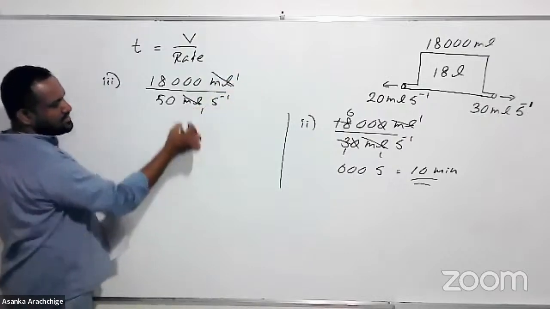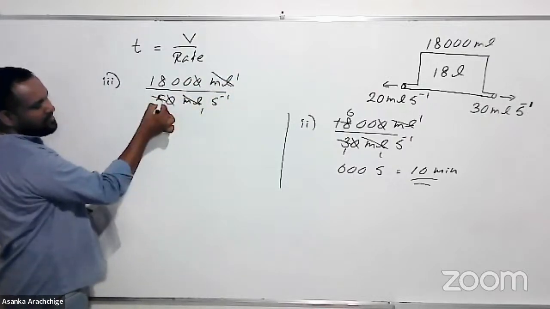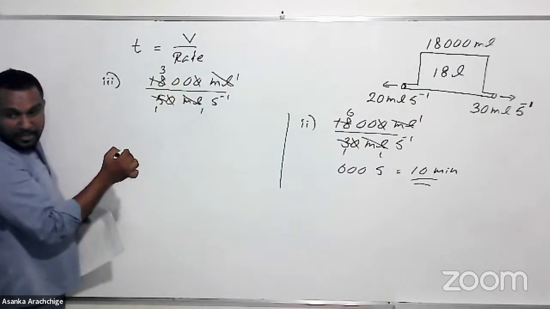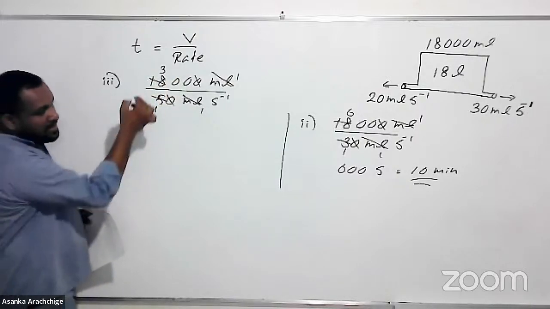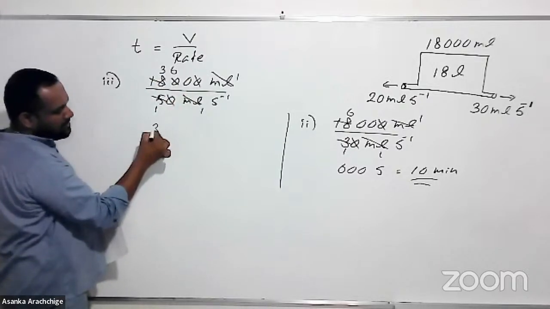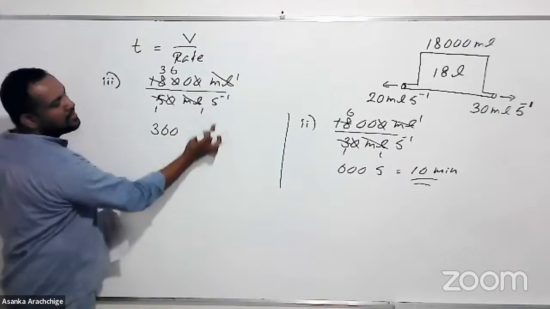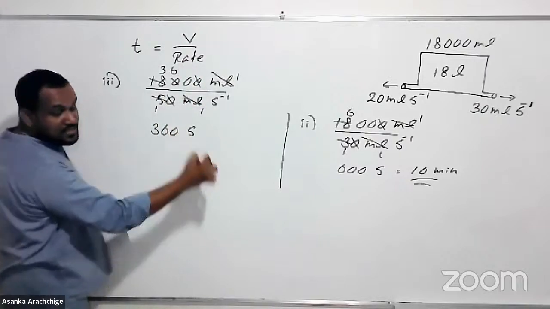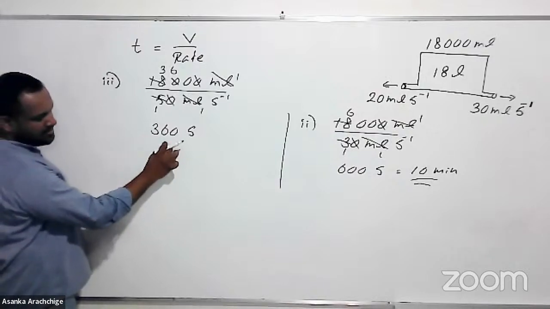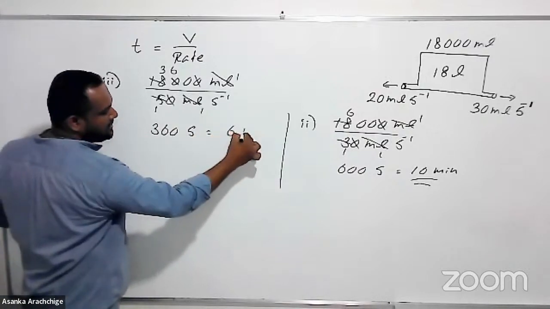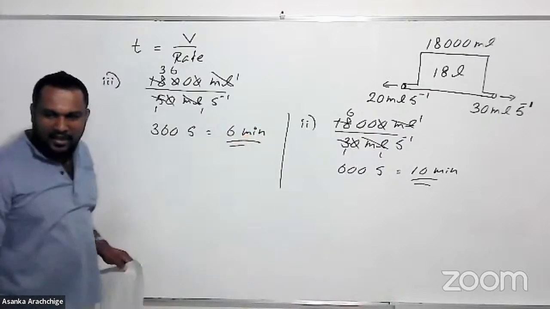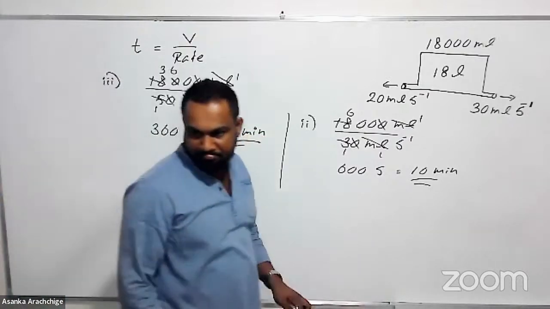Milliliters can be cancelled, 0, 0. 5 times 1, 5 times 3, 15. And 3 remaining, 5 times 6, that is 360 seconds. 360 divided by 60, answer 6 minutes.